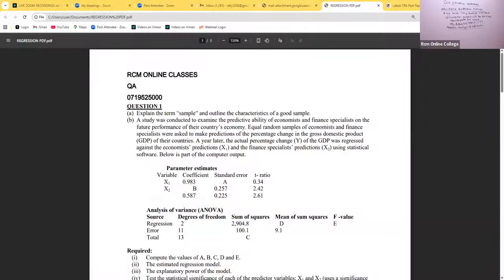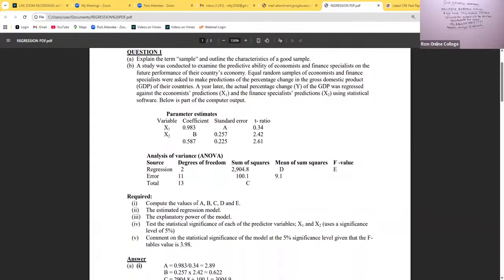So this is how your exam in Advanced MA will look. This is quite an old question, a quantitative analysis question, but very relevant to you. Forget about part A. For part B, they want us to compute the values of A, B, C, D, and E. Then number 2, give the estimated regression model.